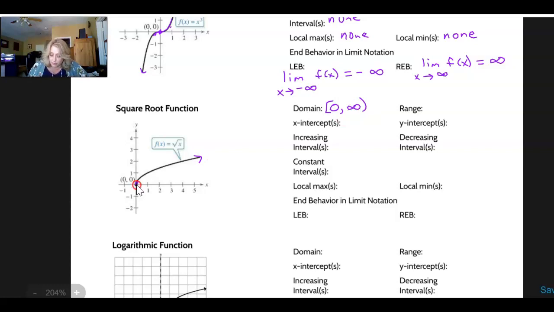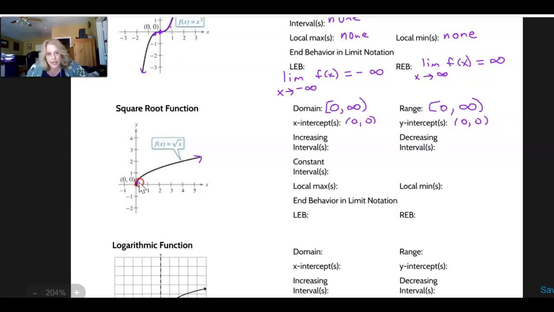The range is the same because the lowest point is also 0, and it's included, and then it goes forever up. So it has the same domain and range. Then the x-intercept and the y-intercept once again are the same. They're both at 0, 0, where they hit the x and y axis.